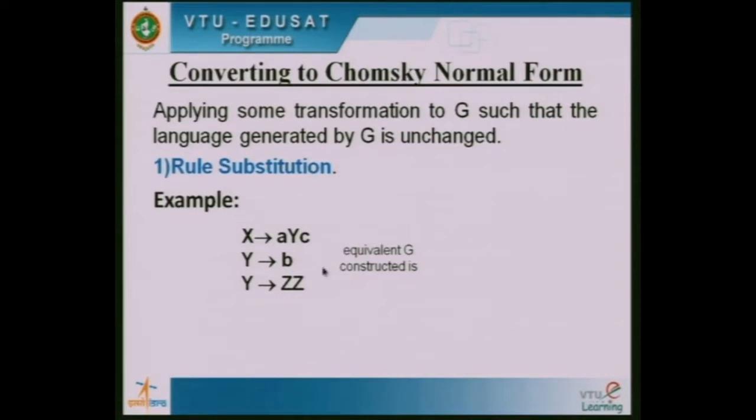Its equivalent grammar constructed after rule substitution is X → abc, X → aZZc, Y → b, Y → ZZ. First, if I substitute Y → b, then X will be abc. Next, if I substitute Y → ZZ, at that time X → aZZc. So, by simple rule substitution, we can transform the grammar from one form to another, but see to it that both are equivalent.